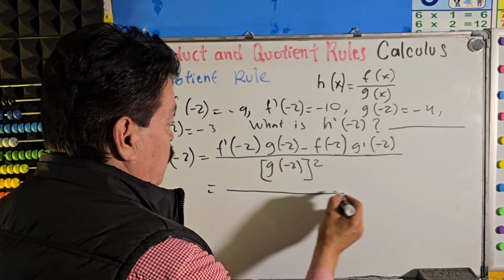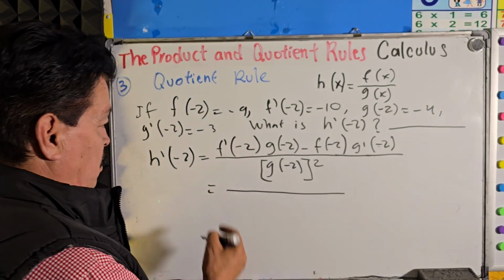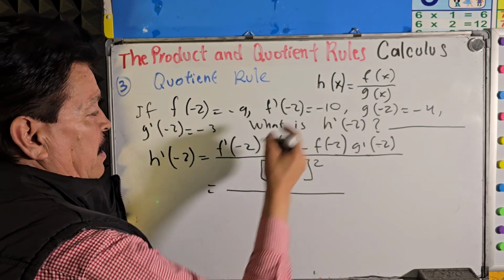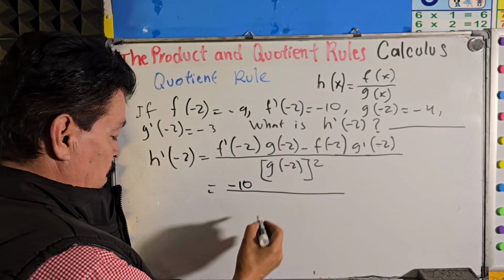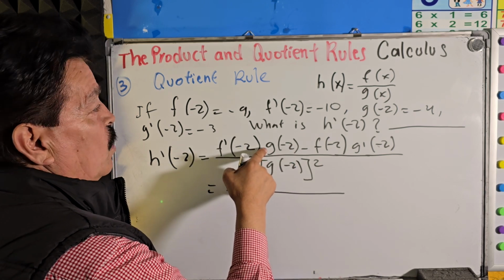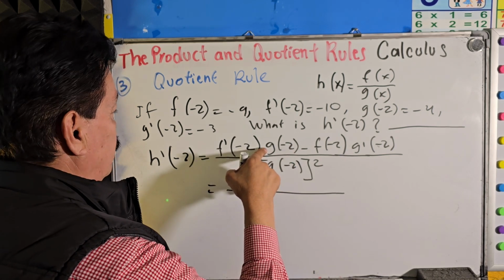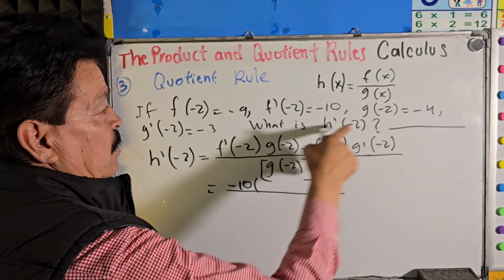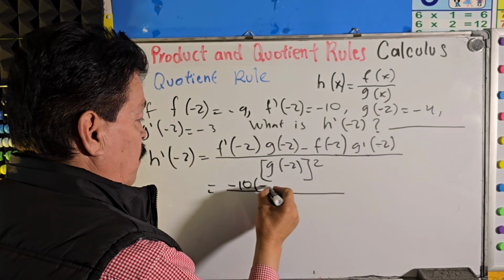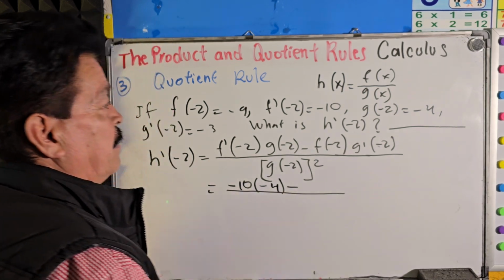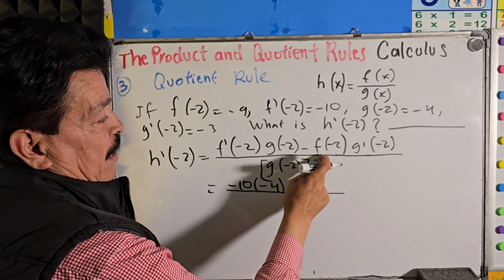So now we have to simplify, or substitute. So here f prime, how much is this right here? Is -10 times g of -2. How much is g of -2? G regular is -4 right there, minus, and then in the formula f.